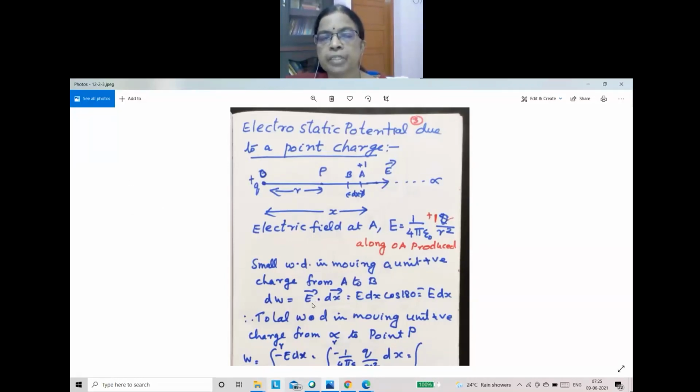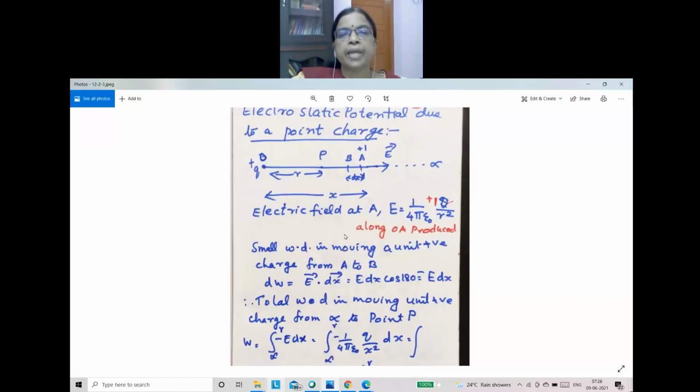Just like we studied the electric field due to a point charge, we have to do all the derivations: potential due to a point charge, potential due to a dipole, potential due to a number of charges, as we have done for the electric field, including the superposition principle. Only thing is you should understand the difference.